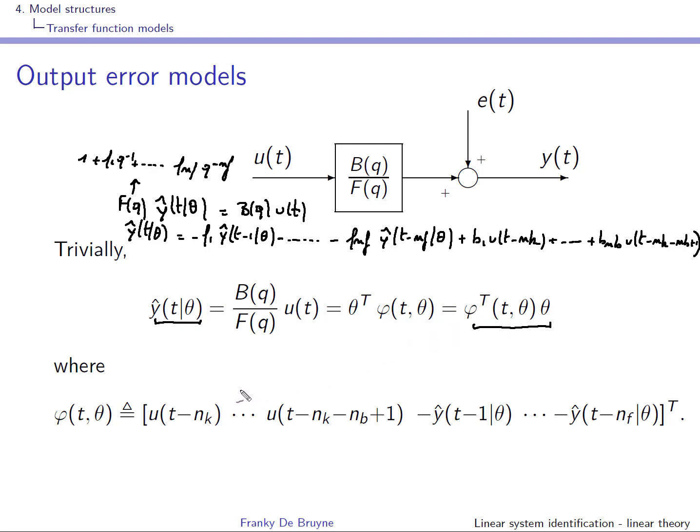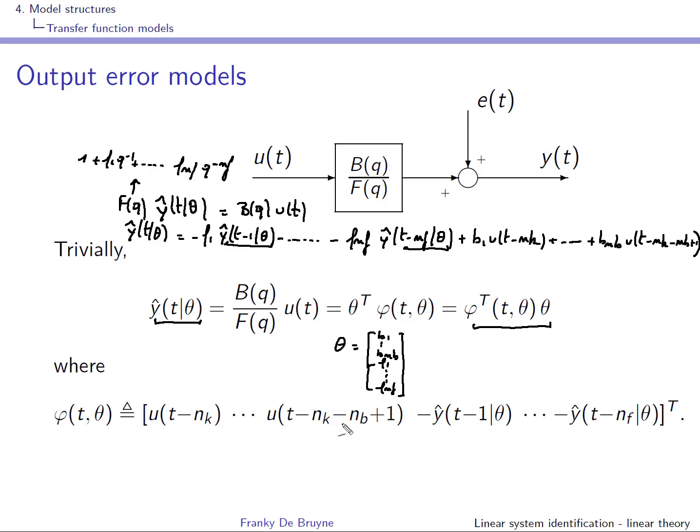And what do we have to put in the regression vector? u of t minus nk up to u of t minus nk minus nb plus 1. This is because we take theta as first the b's and then the f's. Okay, so this is why we have this order in the regression vector, and then we put here these values over here with a minus sign in the regression vector.